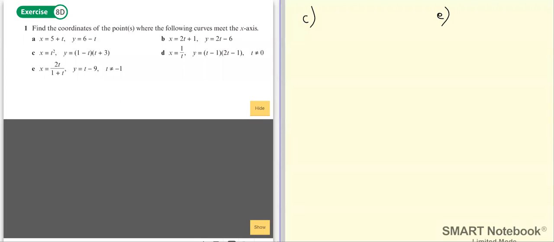So if we think about this, we want to find where the curves meet the x-axis. At the x-axis, your y equals 0. Okay, and I'll write that down. So if y equals 0, I'm going to say 0 equals 1 minus t and t plus 3.